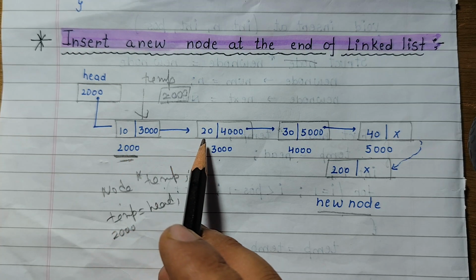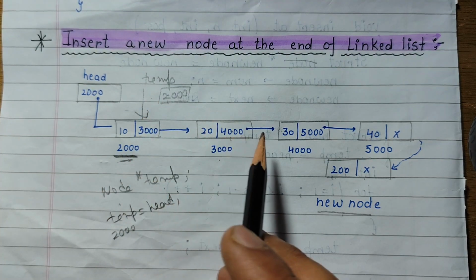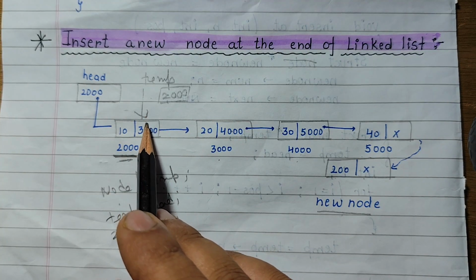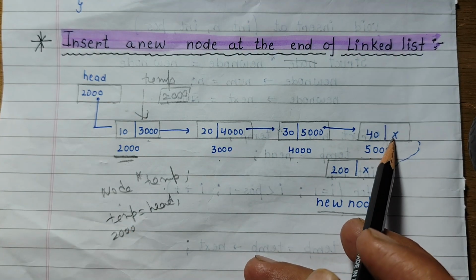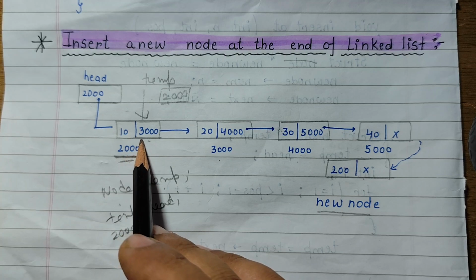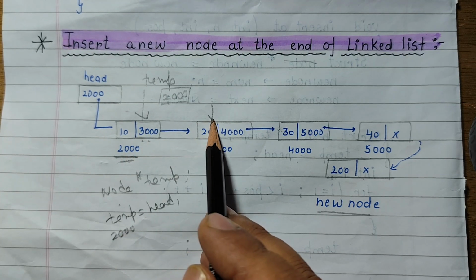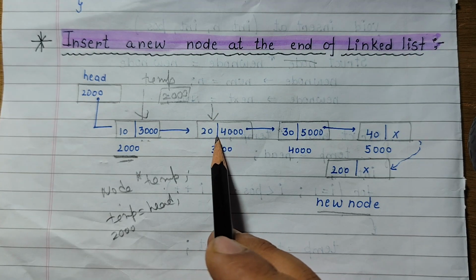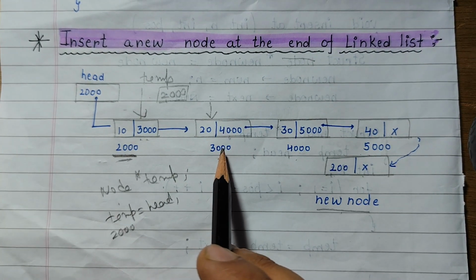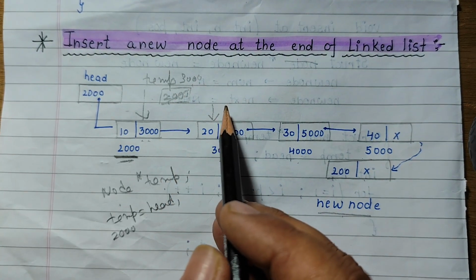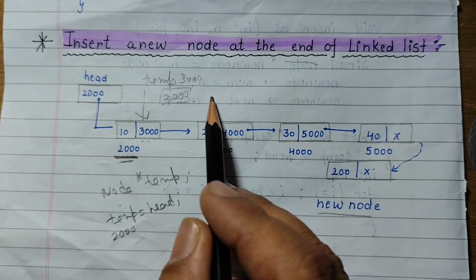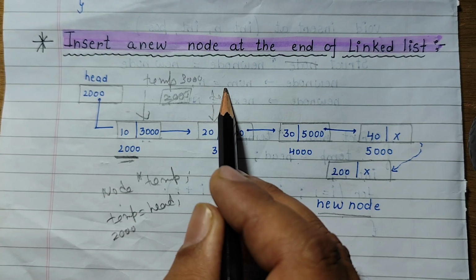So first we have to move the temporary pointer until temp of next has a null value, because in the last node we have a null pointer. Here temp of next is not equal to null, so we move to the next position. Now temp is updated to 3000, and again we check temp of next.